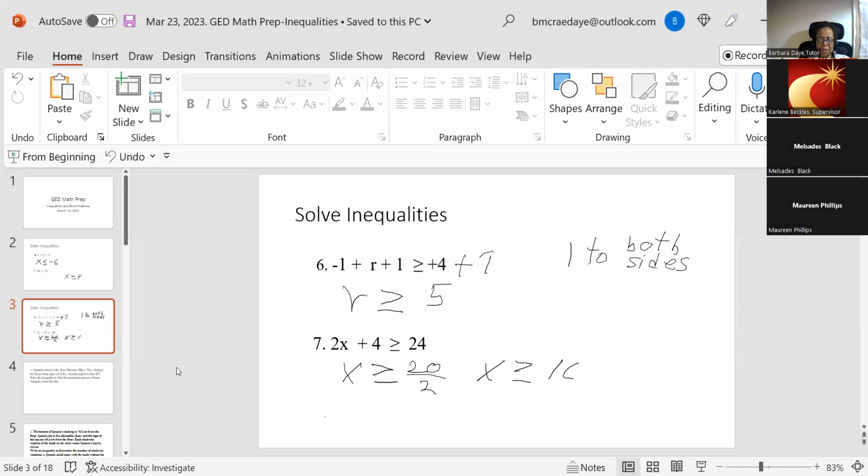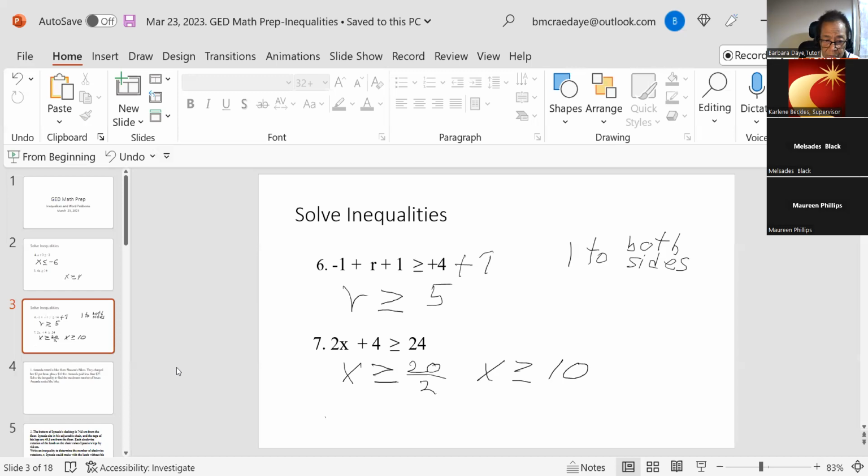Got it? Mercedes, did you get that? I'm not sure yet. She took away 4 from 24, right? Yeah. She took away 4 from both sides, and that just left 2X. Where did she put the next 4? One on the 4 and one on the 24. She subtracted 4 from both sides, and that left her... Let me just put what happens when she did that.